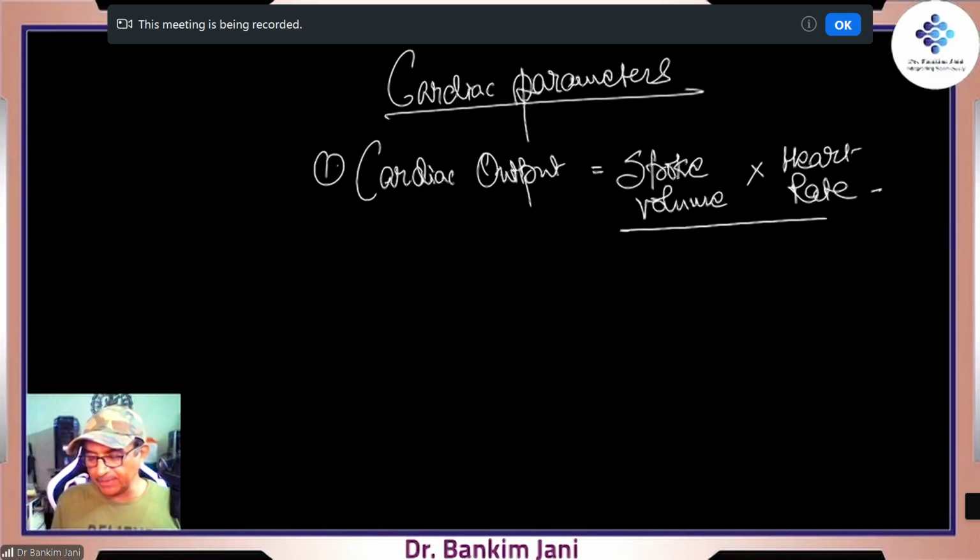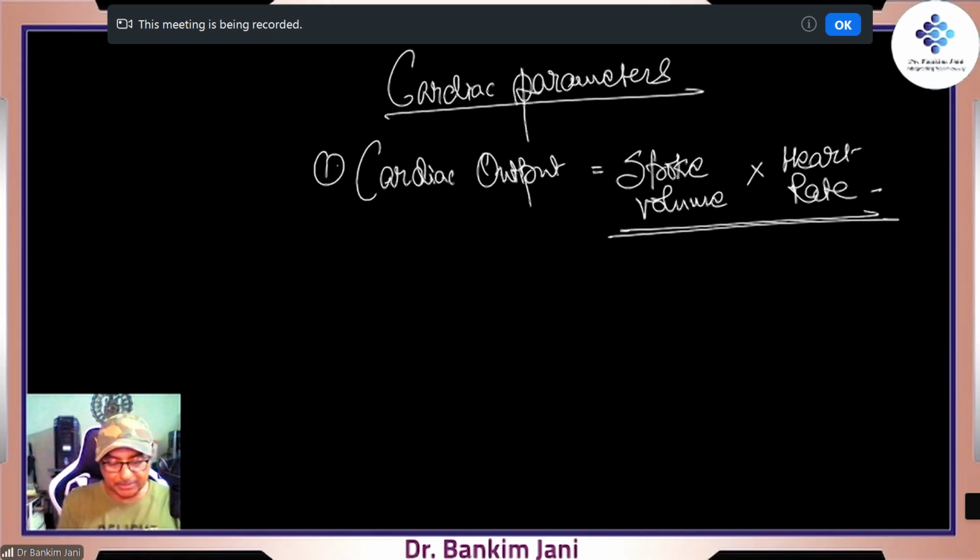So whenever it is said that how is the cardiac output, that means we are talking about it in 1 minute, right? Because heart rate is measured in minute. Stroke volume is in one stroke how much blood is getting pushed out. So when we say cardiac output, it means we are dealing with a minute.